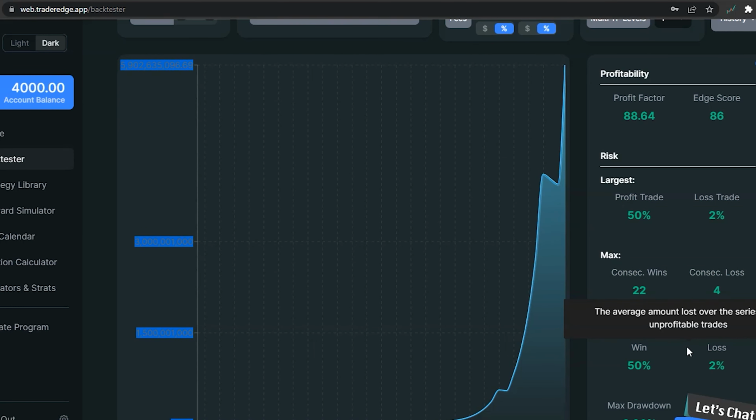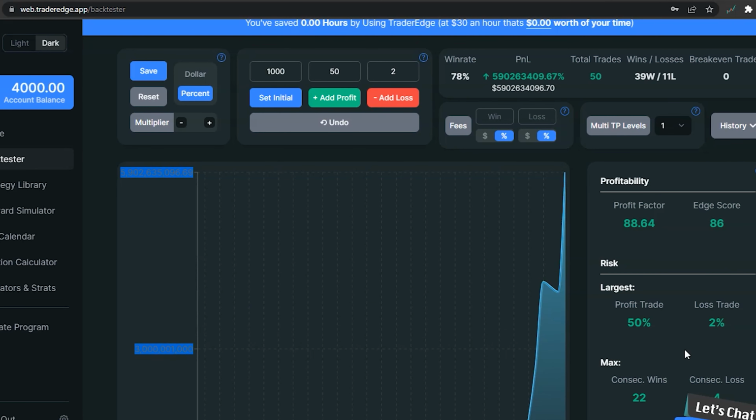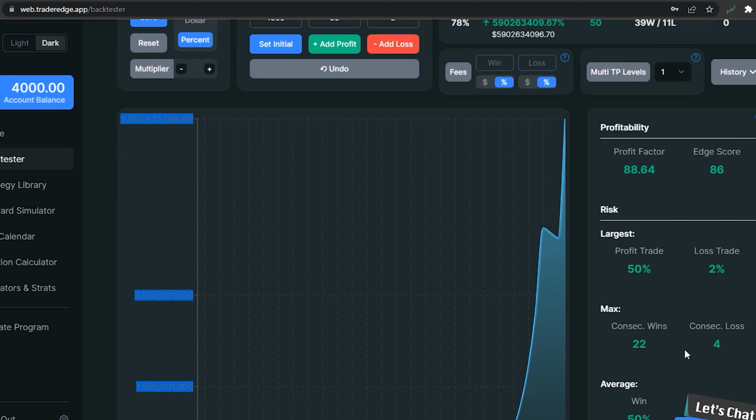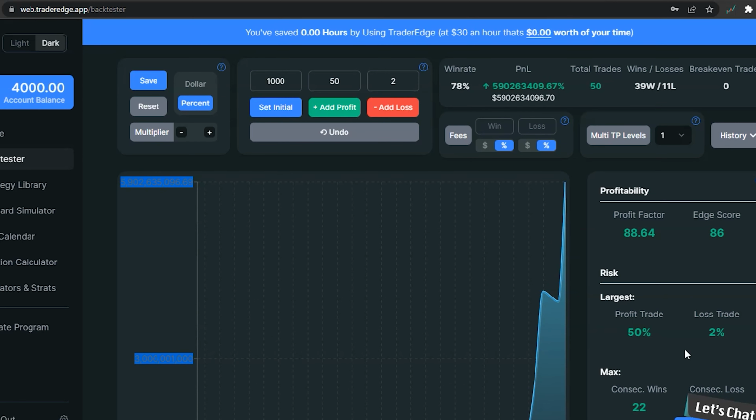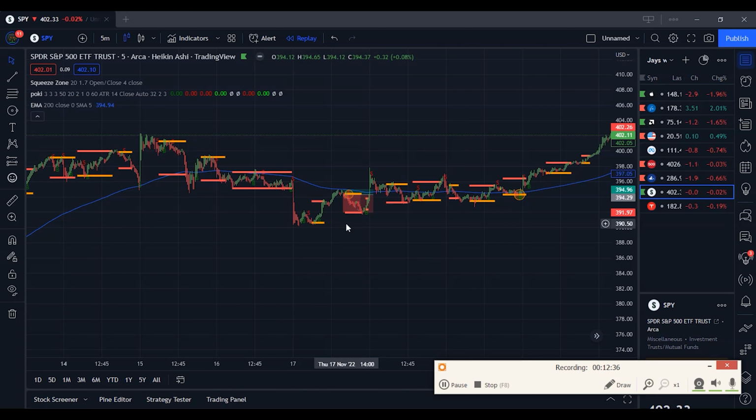If you guys don't have Trader's Edge, this is actually an amazing platform. I'm not sponsored by them. I just want to throw them out there to show that this platform itself is amazing when it comes to utilizing a system to show the performance of what you're trading. So yeah, guys, we ended up with a 78% win rate.